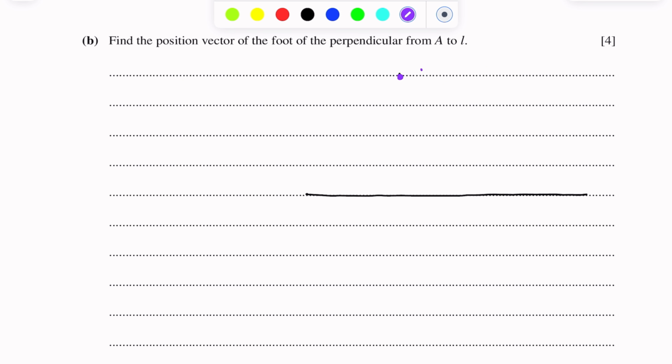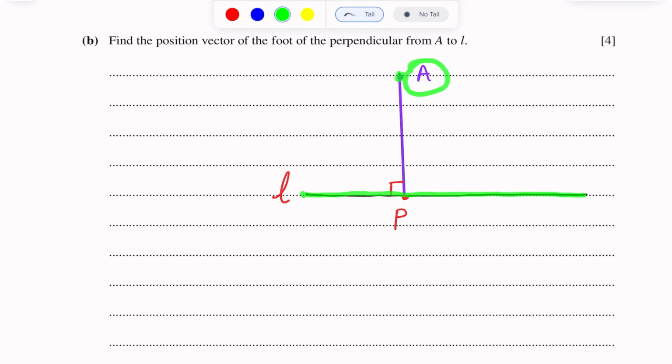This line is line L. This angle is 90. Let this point be P. Point P is a general point on this line L.